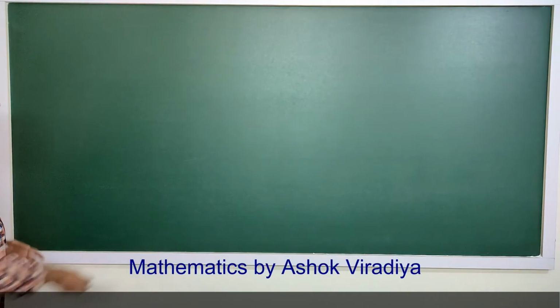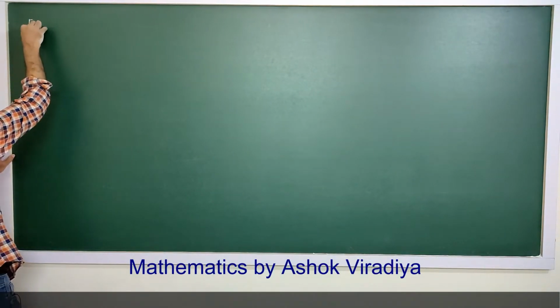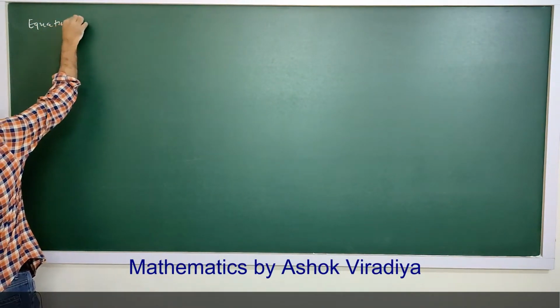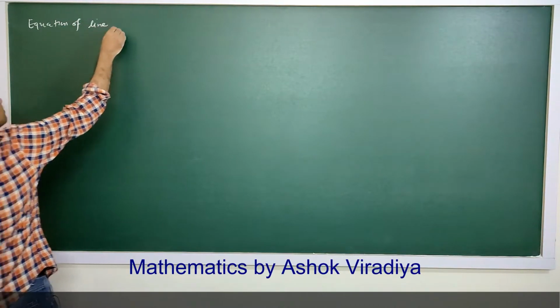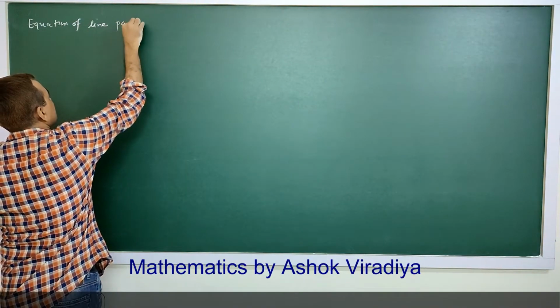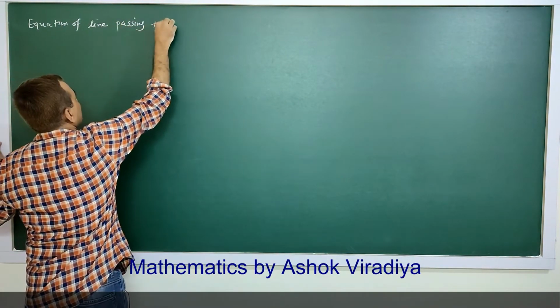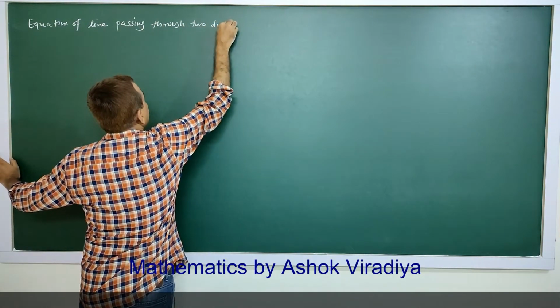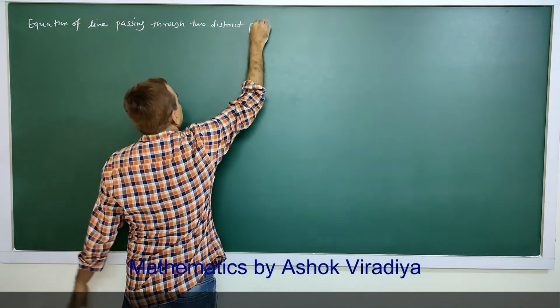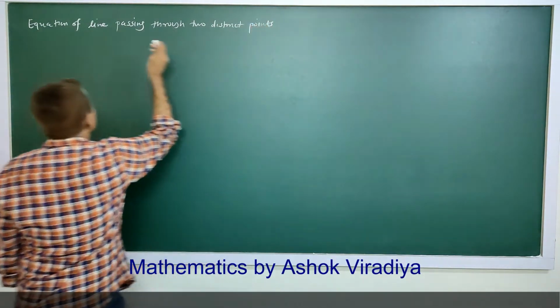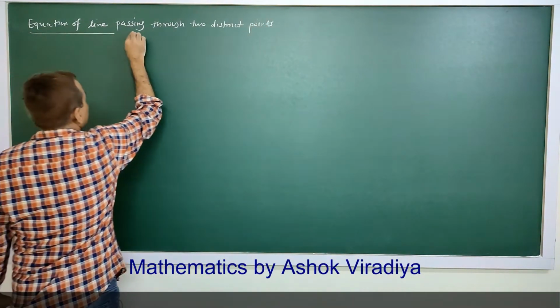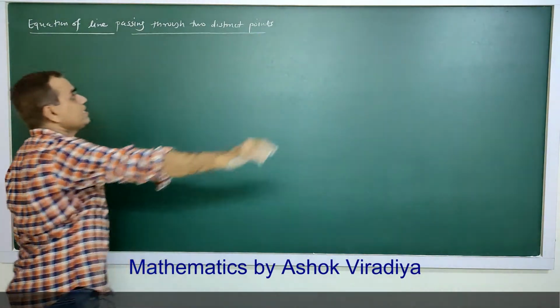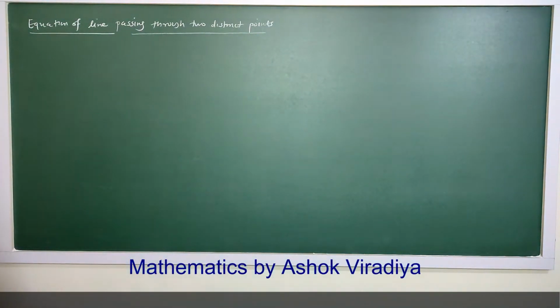Now the next result: equation of a line passing through two distinct points.